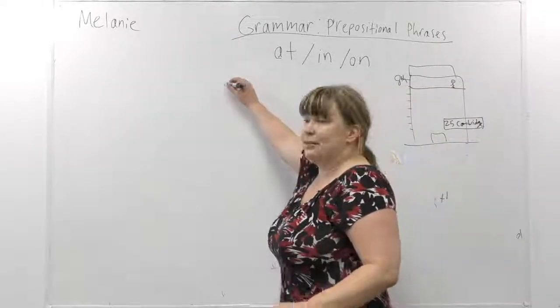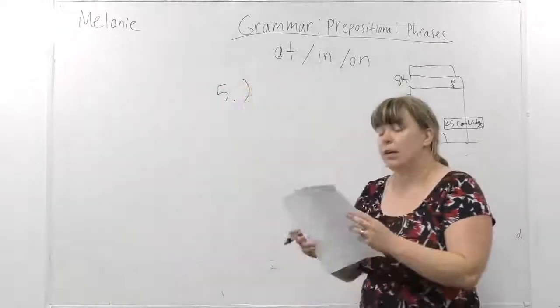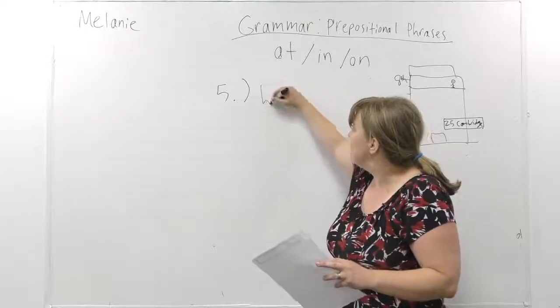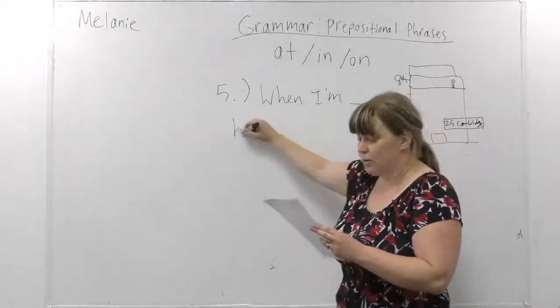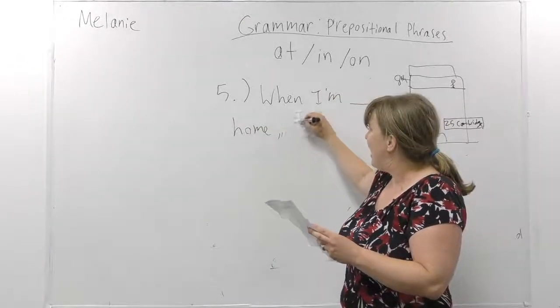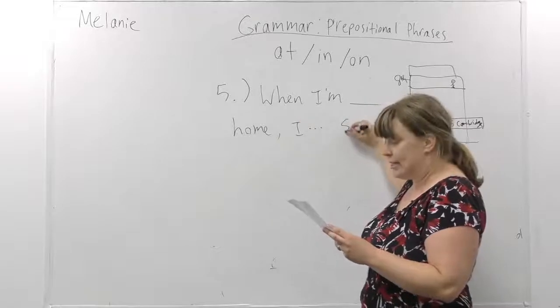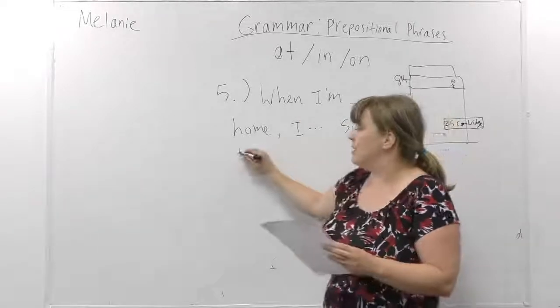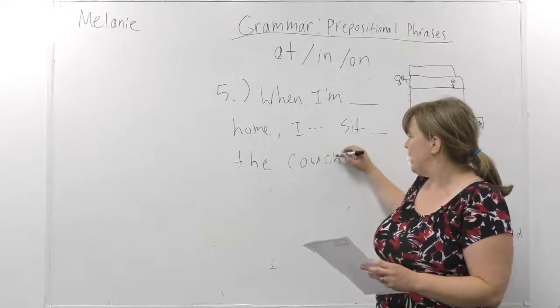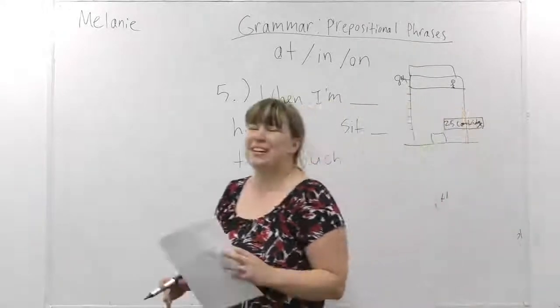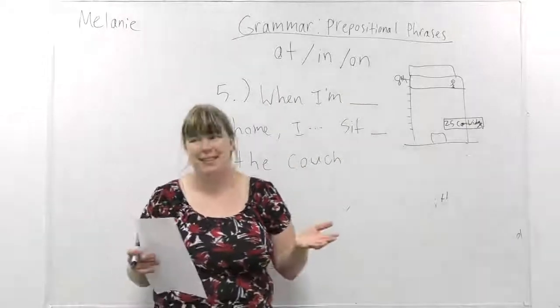Number 5. Okay, so number 5, when I'm blank home, I like to sit blank the sofa. So that's the couch. Okay, so I wrote couch instead of sofa, sorry. Sofa, couch, same thing.